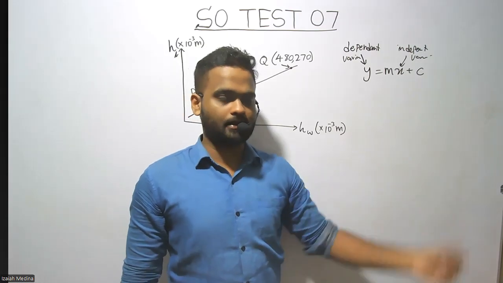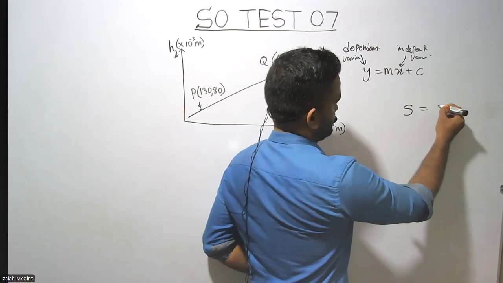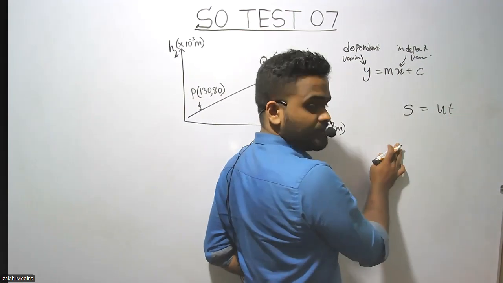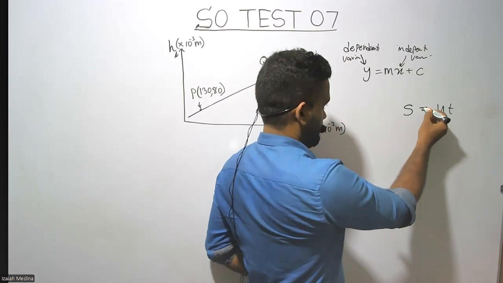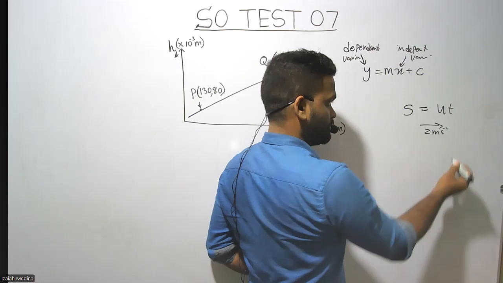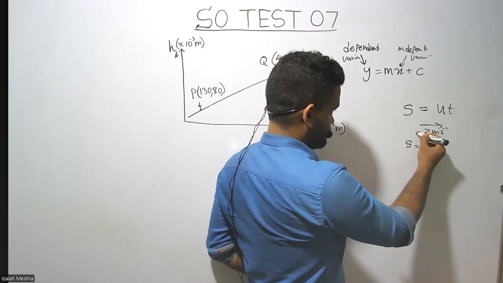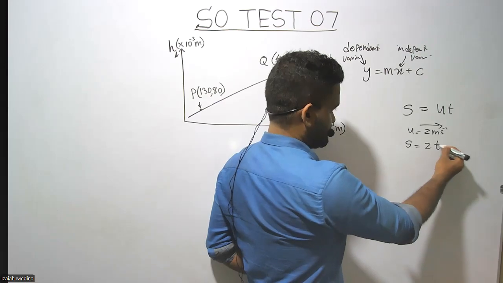For an example, let's say this is a simple example. Let's say this equation s equals ut. Let's say a vehicle moving to this side at constant velocity 2 meters per second. Then this u is 2, right? Then this is time.